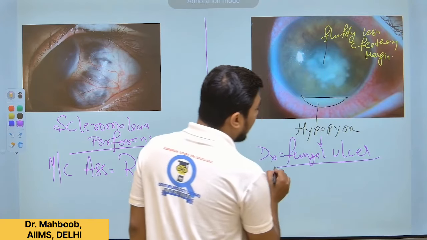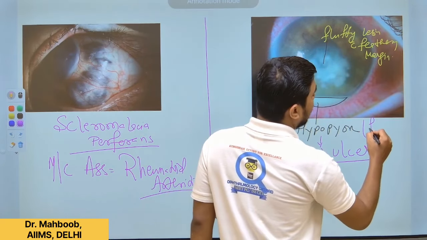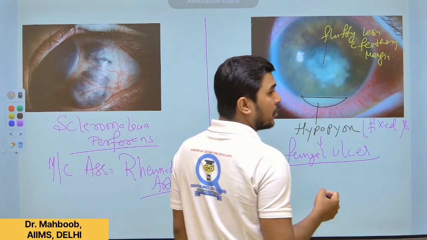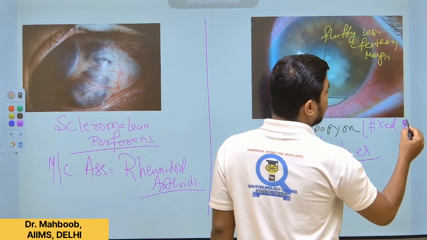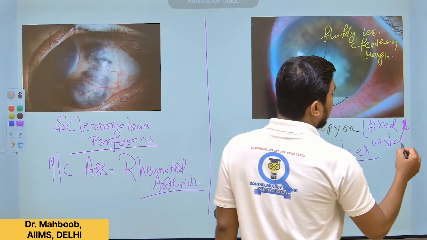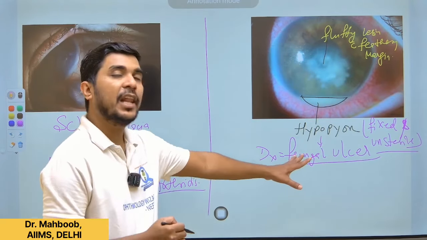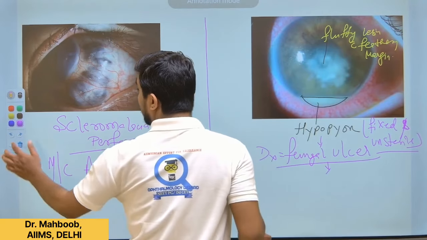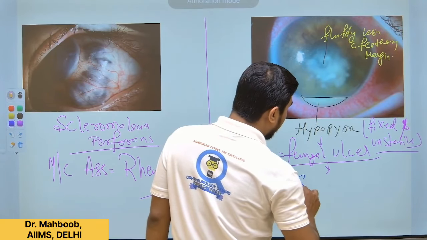Fungal ulcer में important pointer, this hypopyon is fixed and unsterile. Fungal ulcer में important point to note is that satellite lesions will be there.